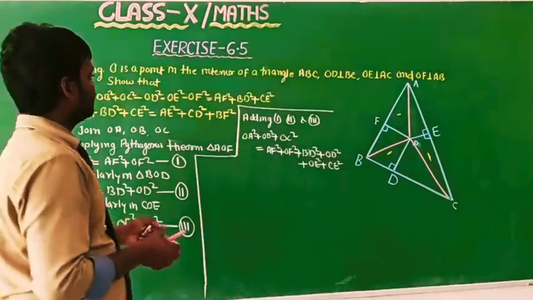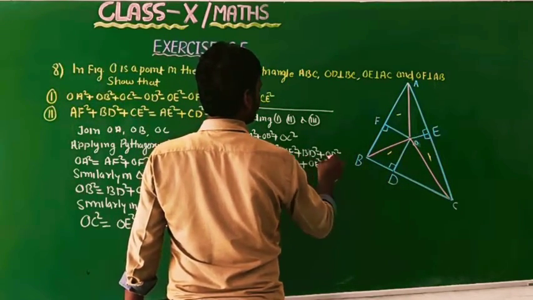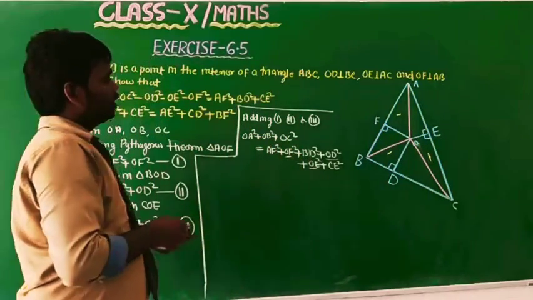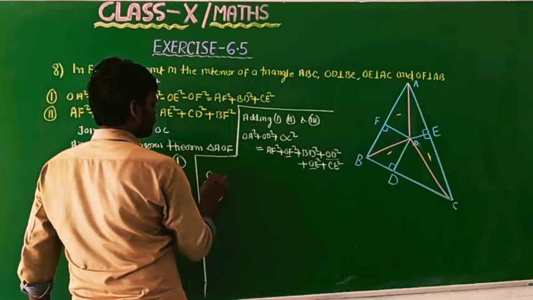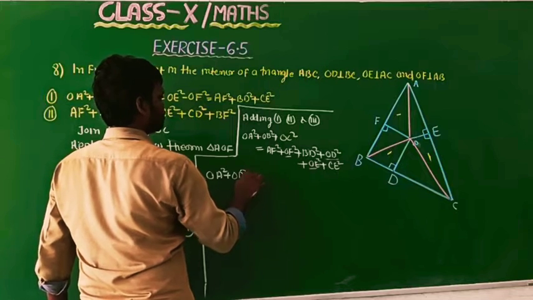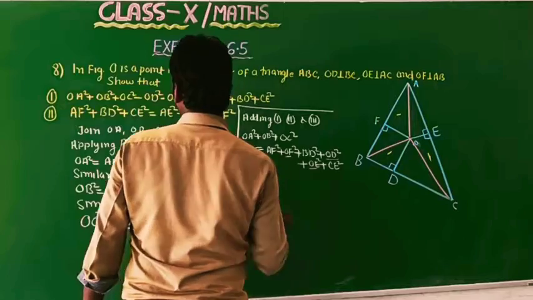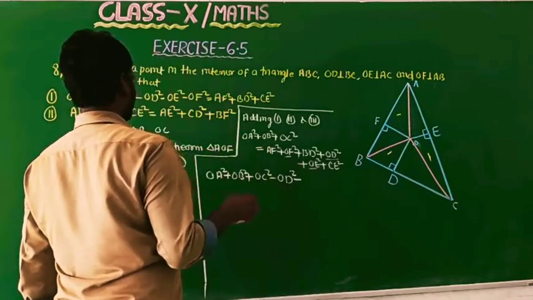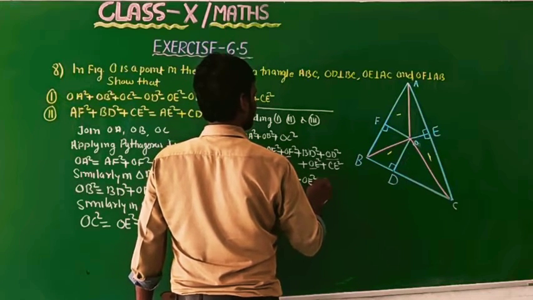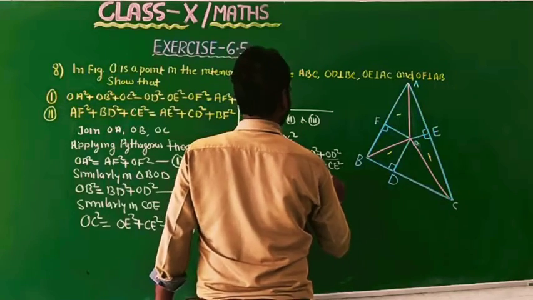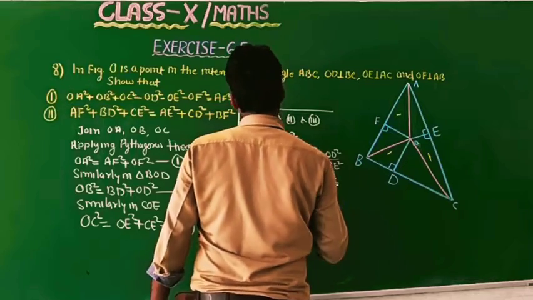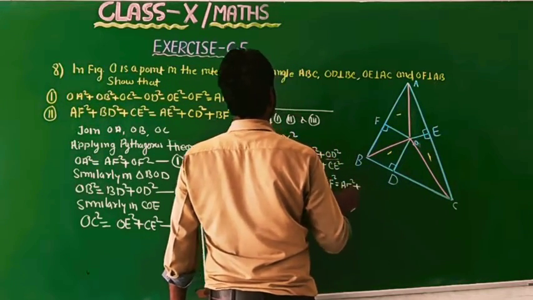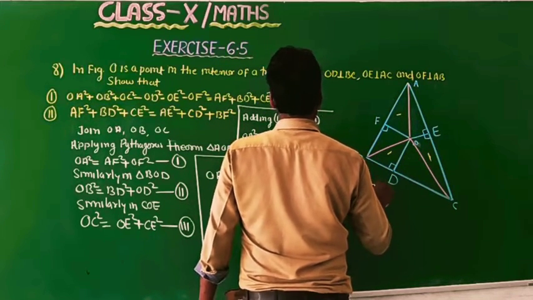And shifting the terms OD square, OE square and OF square to the left side, this becomes OA square plus OB square plus OC square minus OD square minus OE square minus OF square equal to AF square plus BD square plus CE square.